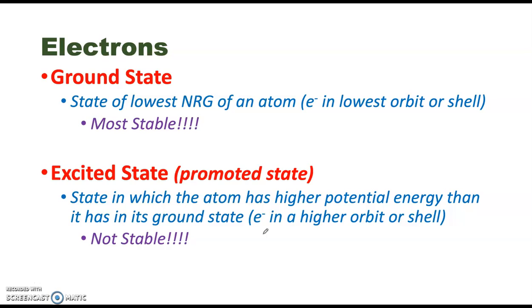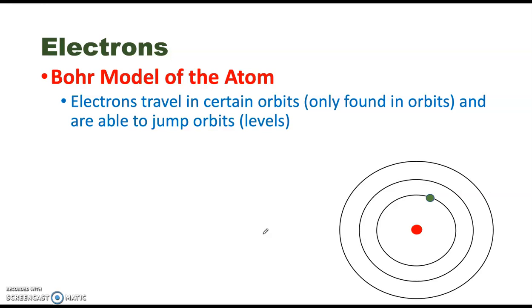This is not stable. The atom gets very anxious when it's in this state, and so the electrons will eventually fall back down. Now it takes energy to jump up, and it needs to release energy to fall down, which is what we're going to talk about later. So for now, just understand ground state, excited state.